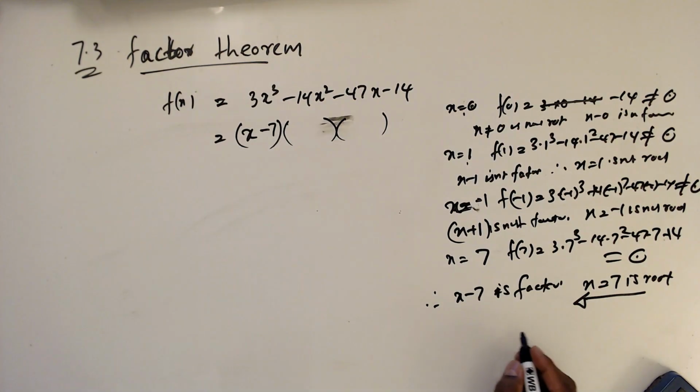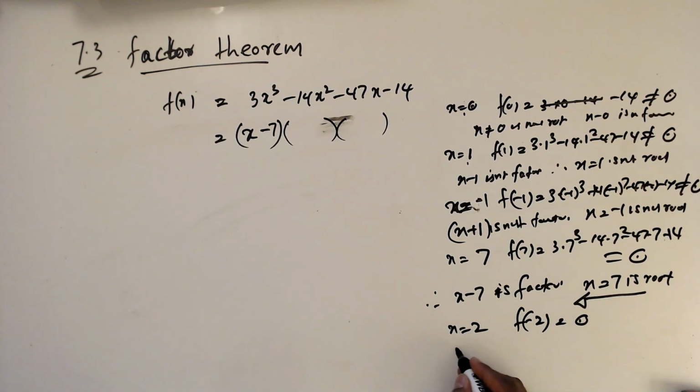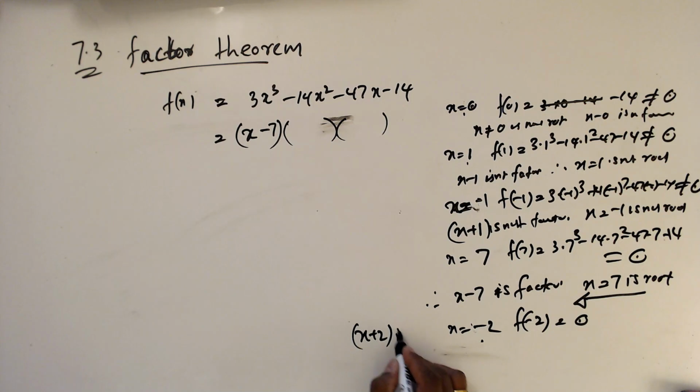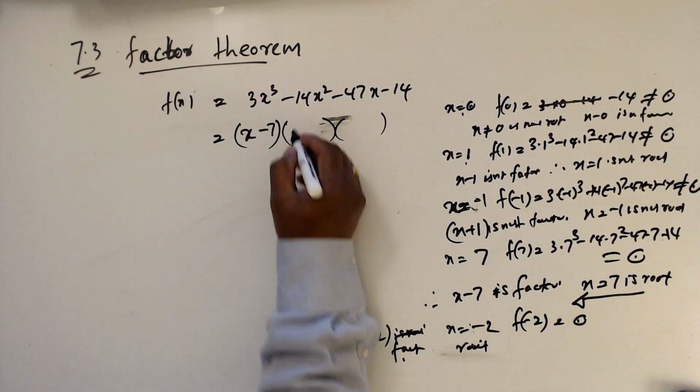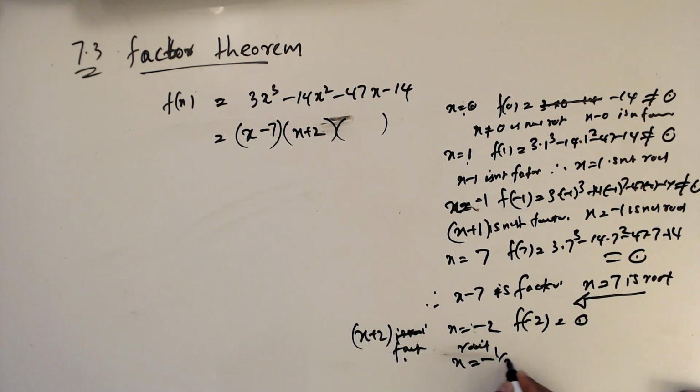When you put x equal minus 2, you will get f(-2) equal 0. Another one is x equal 1, then x equal minus 2. Then what is the conclusion? x minus 2 is a root and x plus 2 is a factor. Also I know the other one is x equal minus 1/3.